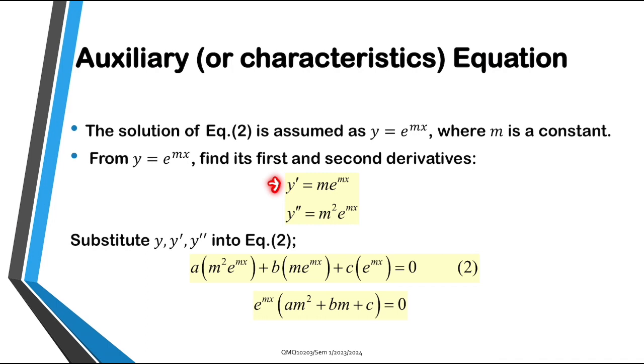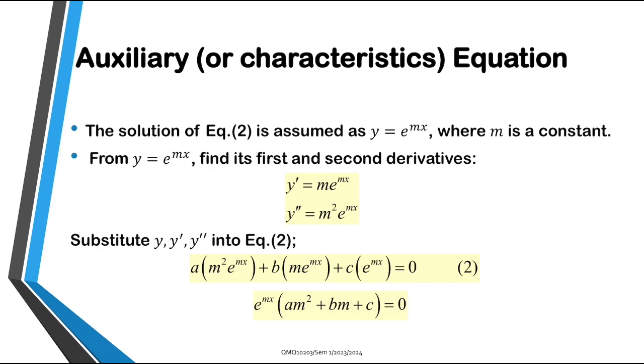We differentiate the solution and get y prime equals m e to the mx, and we differentiate a second time to get y double prime equals m squared e to the mx. Then we substitute the solution and its derivatives y prime and y double prime back into equation number 2.